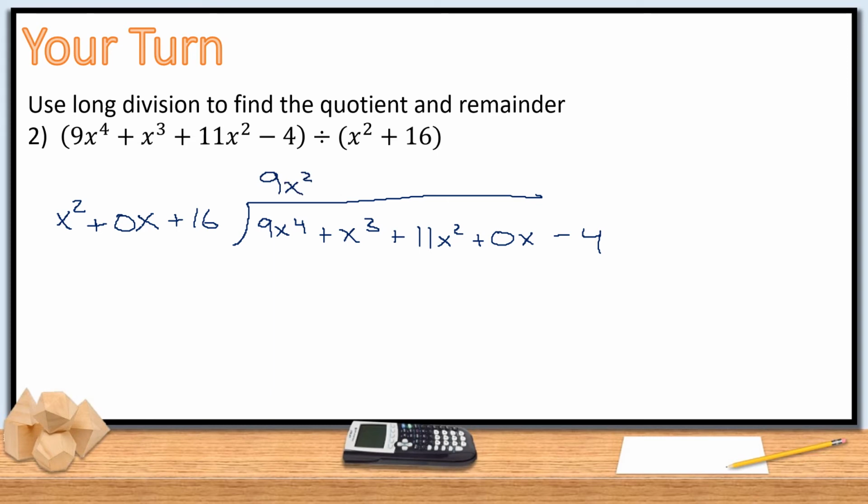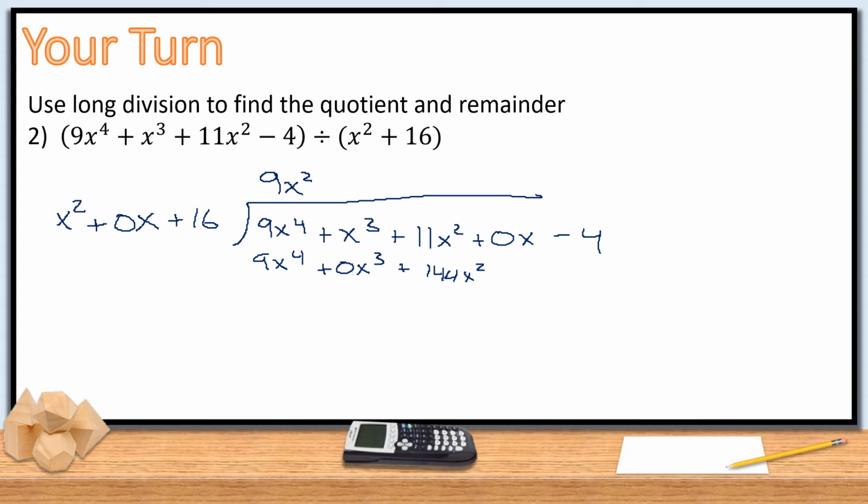So 9x squared times x squared is 9x to the power of 4. 9x squared times 0x would be 0x cubed. And then 9 times 16, is that 90, 144? Yes. So we got 144x squared, and that's all we got for now.